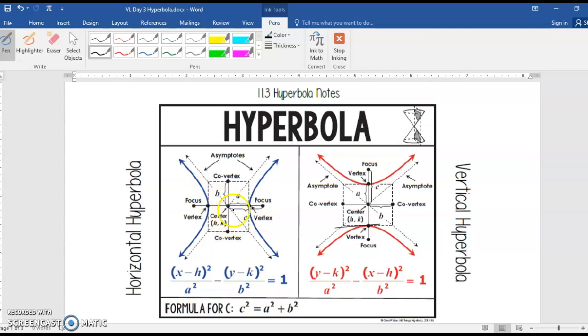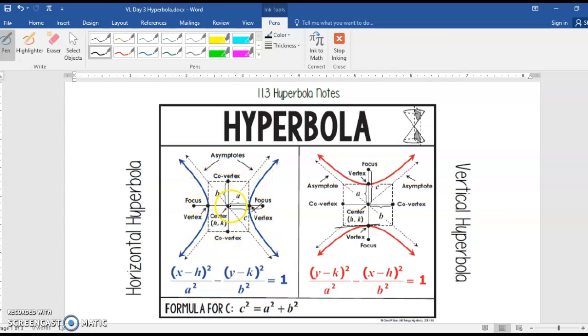And the other new thing that you would see here is the asymptotes. You will have asymptotes for hyperbola, where you see that the transverse axis and the conjugate axis actually form a rectangle.